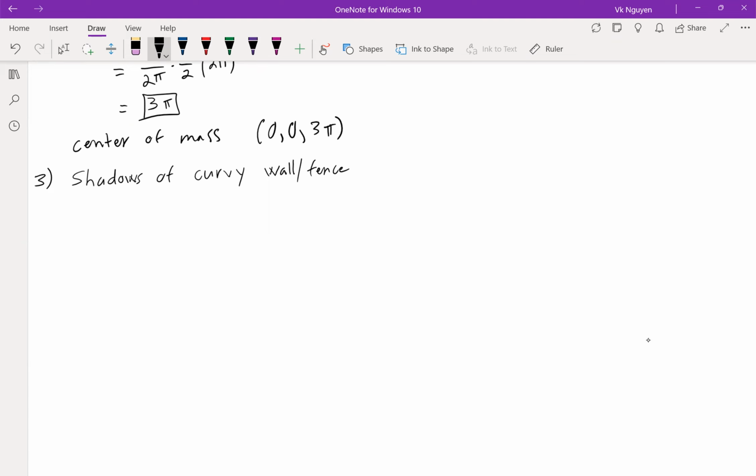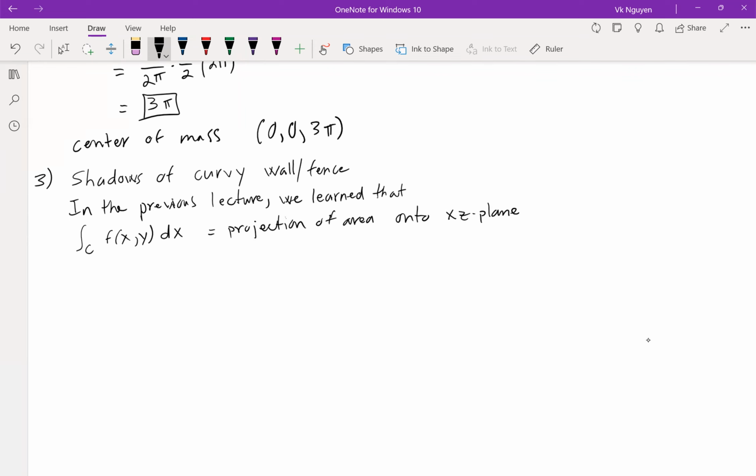In the last lecture, we learned that when you integrate a curve with respect to only dx, what you get is a projection of the area onto the xz plane. This is the same as the shadow of the curvy wall onto the xz plane. The projection is just the shadow.